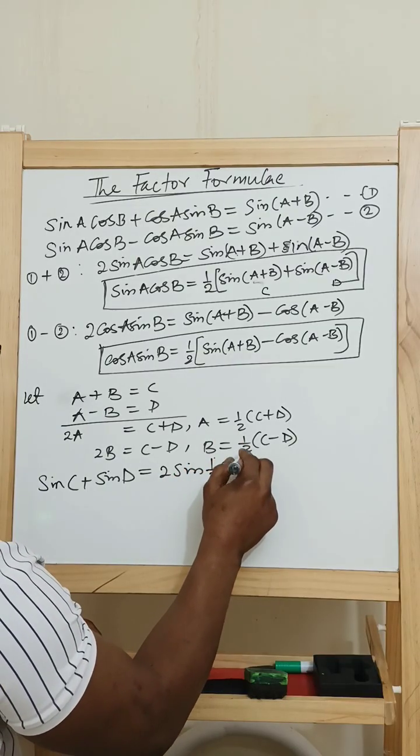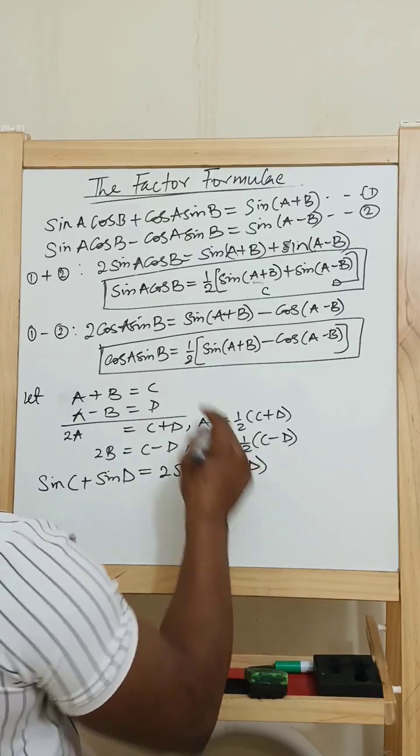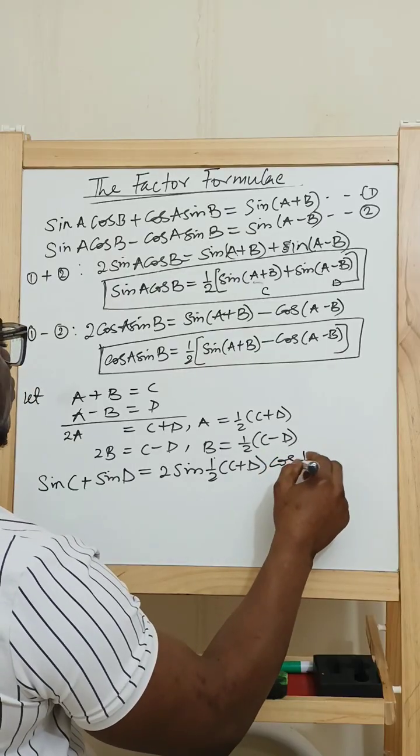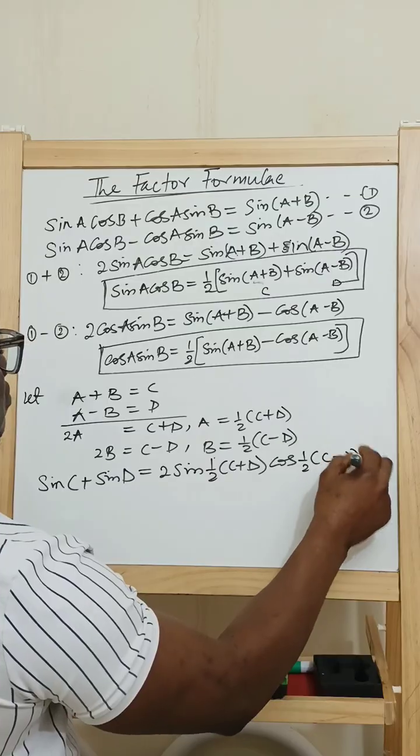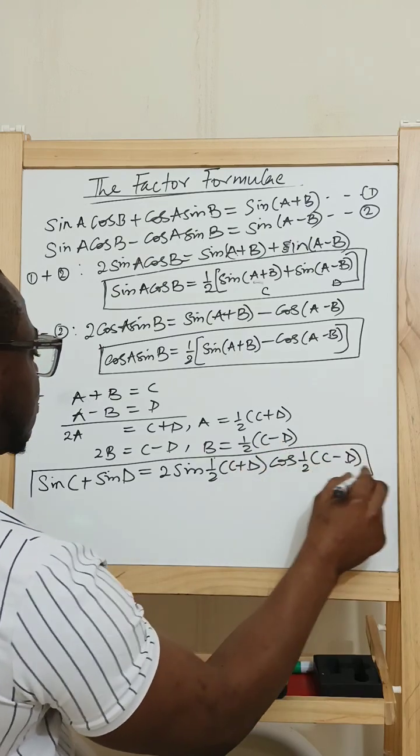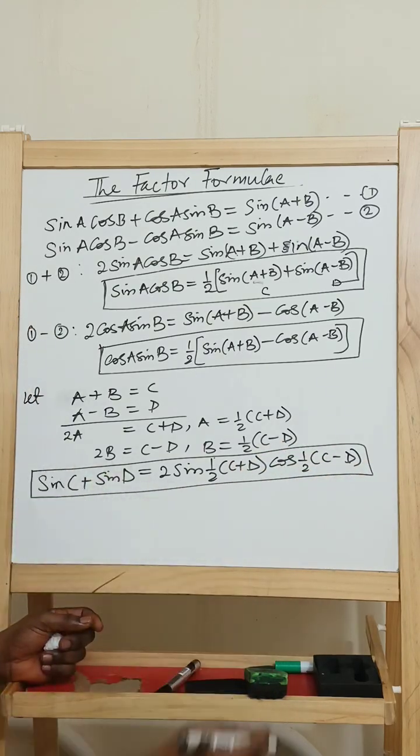That will be half of C plus D, and cos B, half of C minus D. So this is how we find this, right?